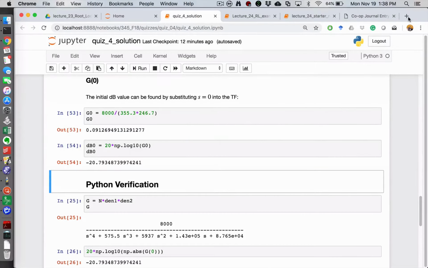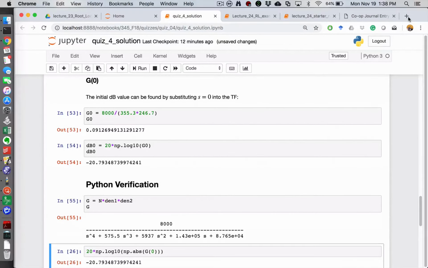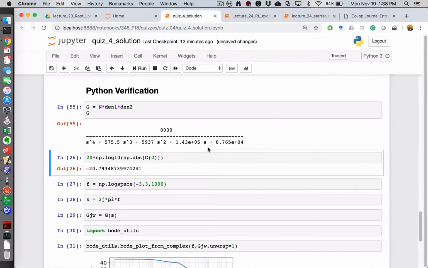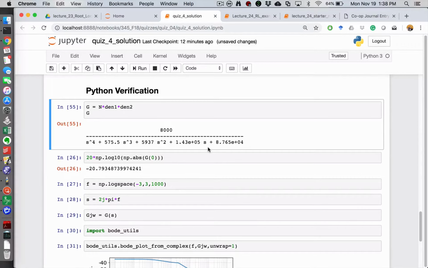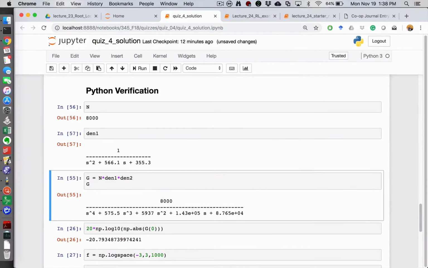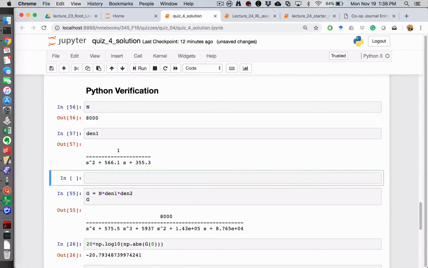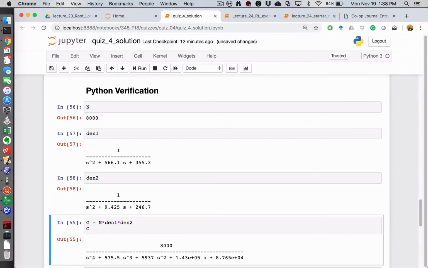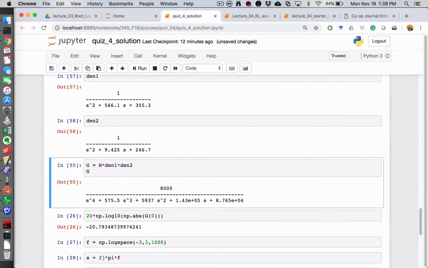If I then wanted to verify that with Python, I would create the transfer function by taking n times the two denominators, since the denominators are actually 1 over. Let me make that explicit here. So here's n, here's den1, and here's den2. I multiply those together, I get this thing.